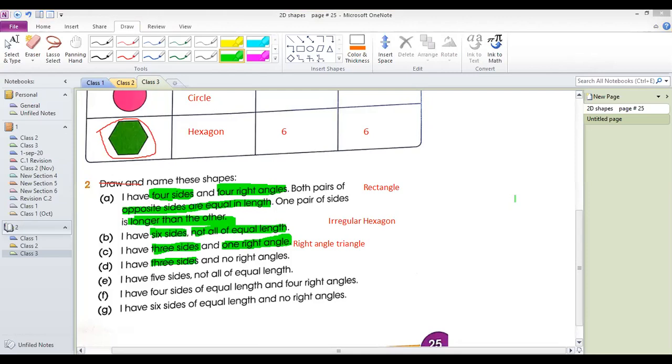Sir, I did not understand question number C. Okay, what did you not understand, Abdul Aziz? I have three sides. Which 2D shape has three sides? Tell me, Abdul Aziz, I'm asking you.